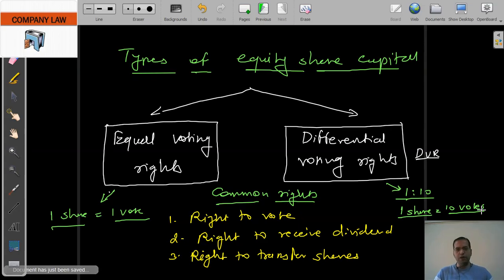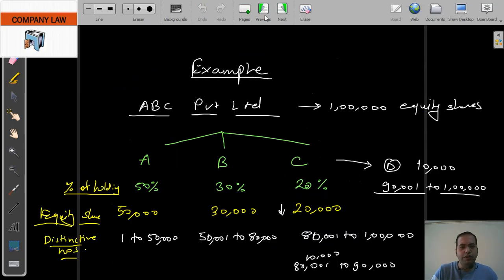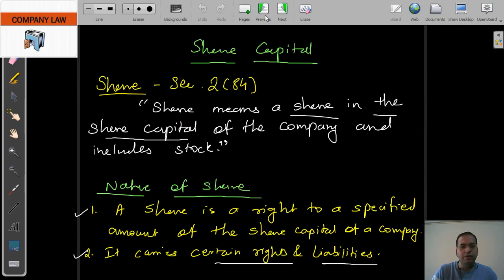So I hope you understood these provisions very well: what the types of equity shares are, and how equal voting rights and all these things work. Just make a note of all these points. So we started from here. Shares means a share in the share capital of the company.